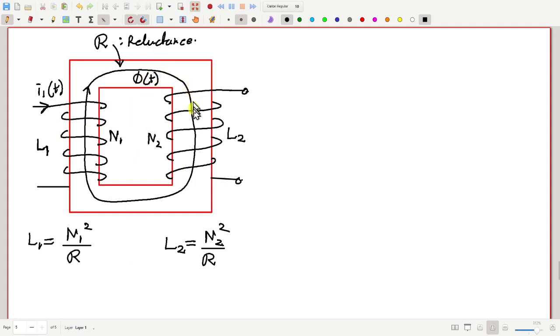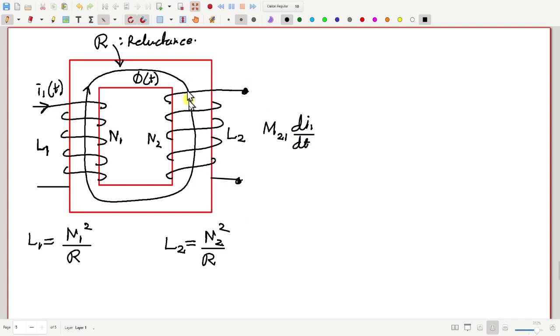And this flux is also going through the second coil. So there will be some EMF induced between the two terminals of the second coil. And how much will that be? That EMF is by definition M, call it M12 or M21, M21 dI1 dt. That will be the EMF between the two ends of this second coil.